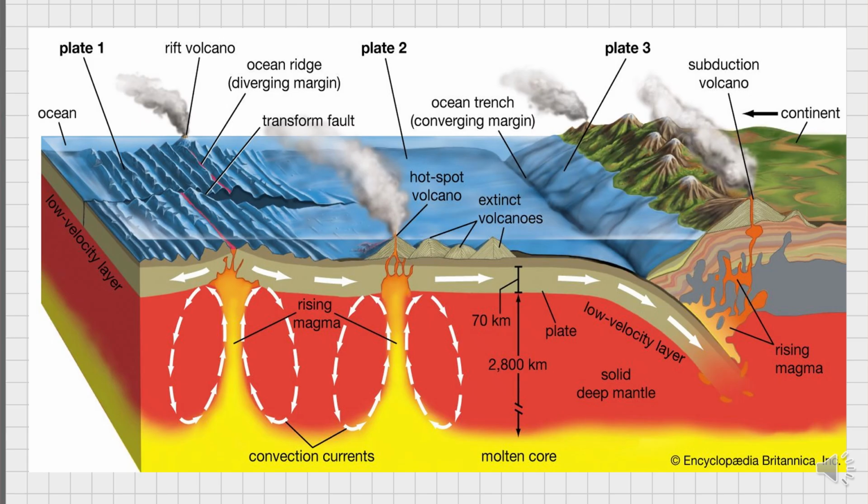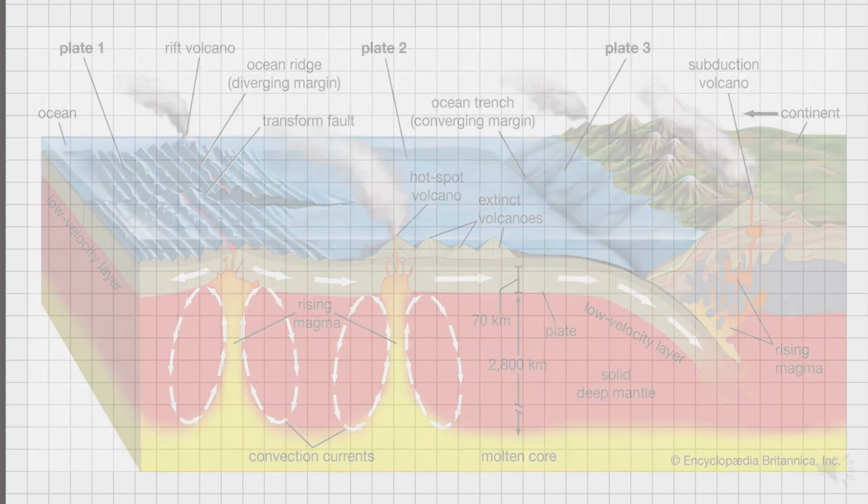Plates slide sideways, causing faults and earthquakes, with few volcanoes. 4. Plates collide, convergent. One plate goes under another, melts, and forms volcanoes. 5. Hotspots. Magma rises in the middle of a plate, forming volcanoes. Older ones become extinct as the plate moves.